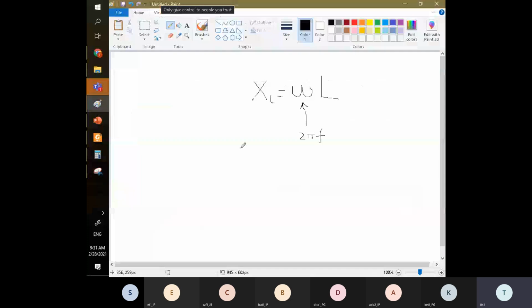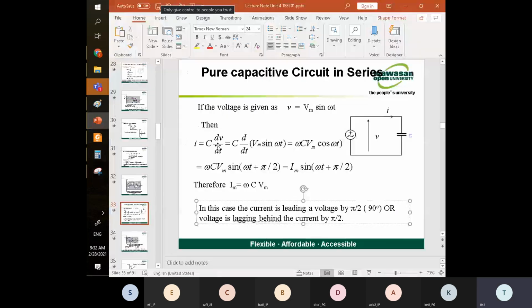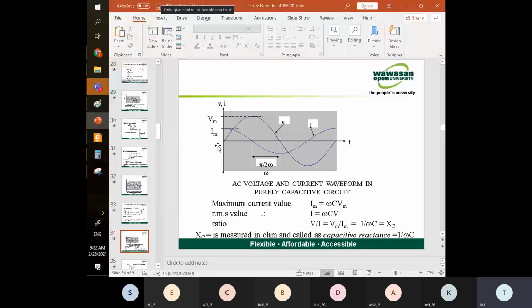Capacitor is opposite because of this reciprocal, 1 over omega C. The 1 over is already the opposite of this thing, right? That's why they work opposite to each other. Okay, so all this is the same thing.